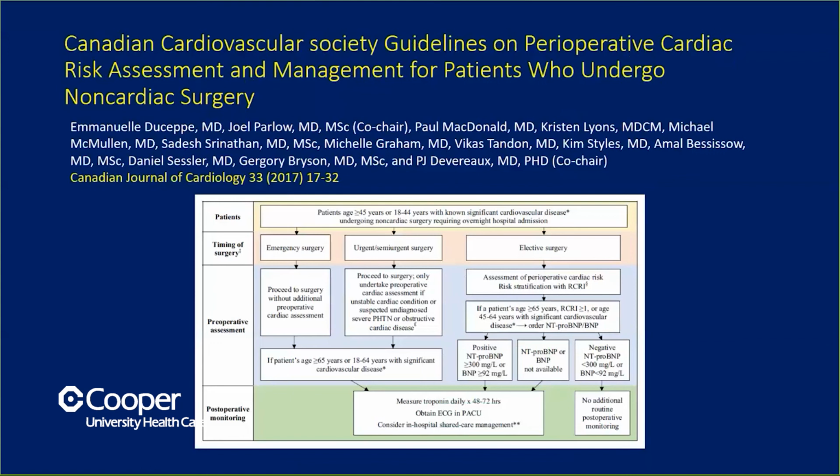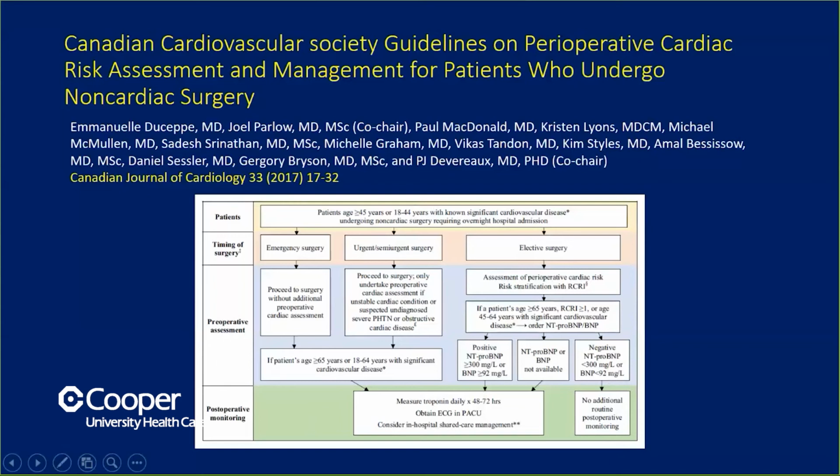This is newer information. The Canadian Cardiovascular Society guidelines on perioperative cardiac risk assessment, they came up with, and again, I don't have enough time to do in detail, but they're the ones that came up with the idea of using brain natriuretic peptide. So if your BNP is, let's say, below 300, then you're in good shape and just go ahead to surgery.